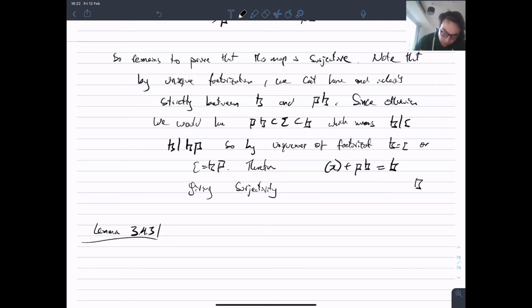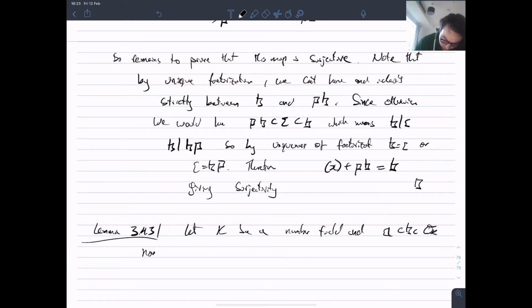It's 3.4.3. So if I have a number field, and I have two ideals, one contained in the other, so A contained in B contained in OK, non-zero ideals. I know I said that I don't really care, when I write containment, whether it could be equal or not. I'll just put the thing here to try and be a bit more precise.